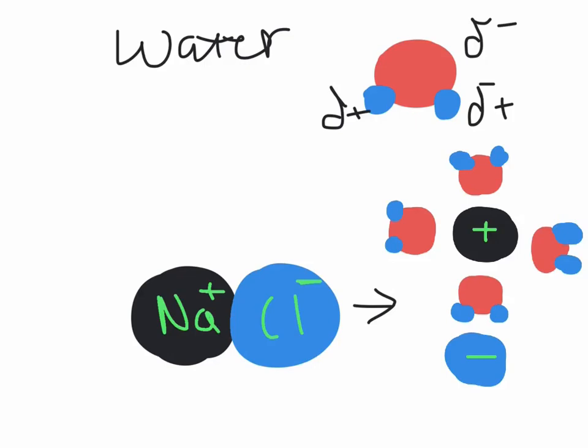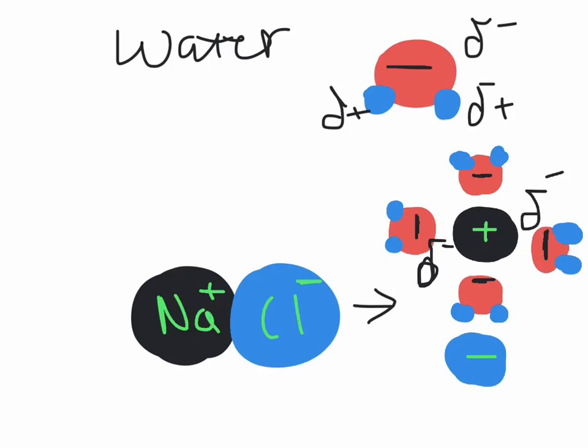Let's make that a little bit tinier. All right, so the partial negatives on all the oxygens are basically being pulled towards that positive charge. Okay? And when those negative charges are attracting that positive cation, it separates it from its previous bond.